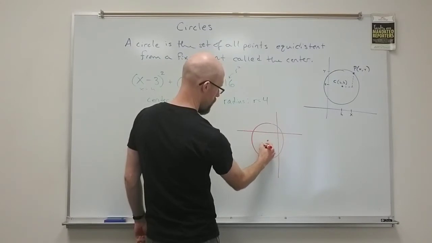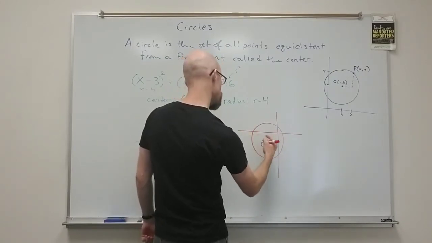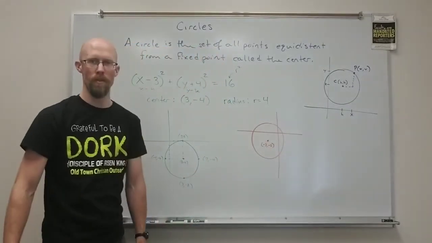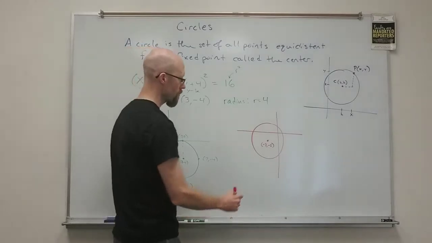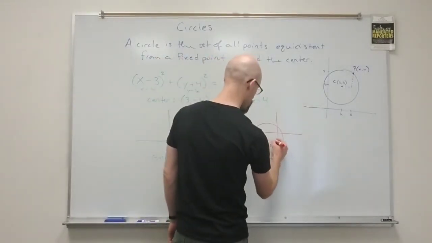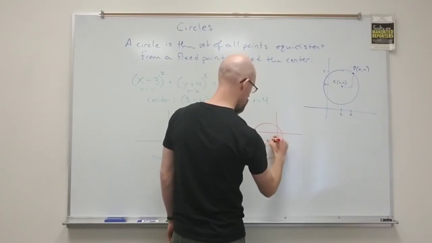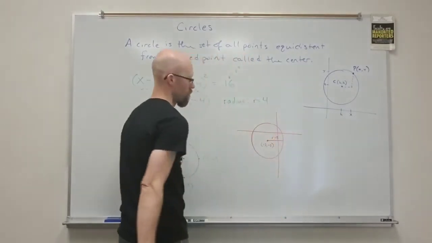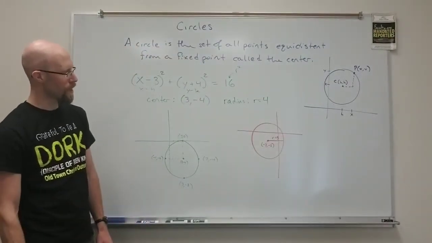Let's put that at (-3, -2) maybe. It's in the third quadrant. And let's give that a radius. Let's say that's a radius of 5. So a radius of 5 on that.